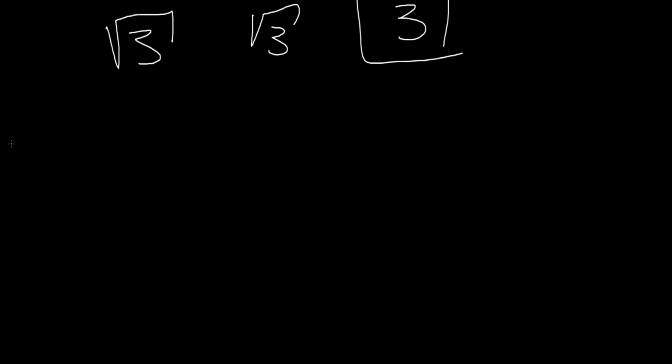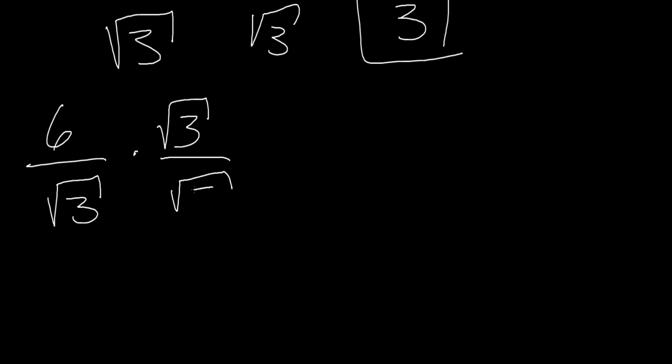Let me give another example. Let's say we have 6 over root 3. How would we simplify this? We multiply the top and the bottom by the denominator, root 3. On the top we get 6 times root 3.